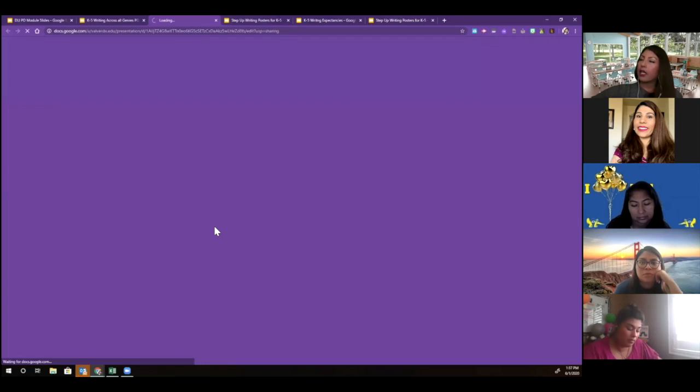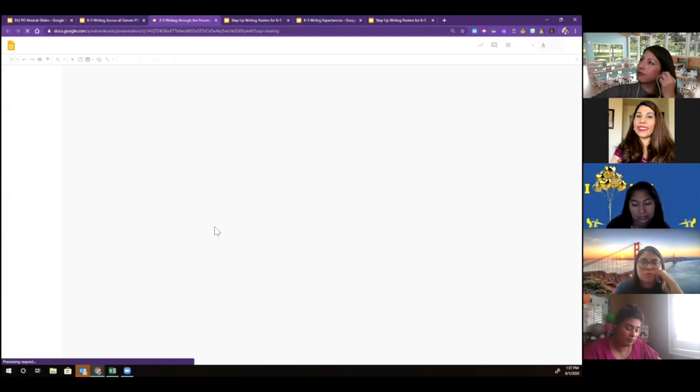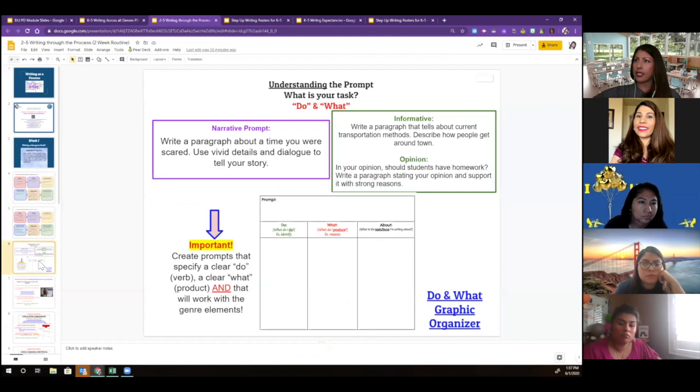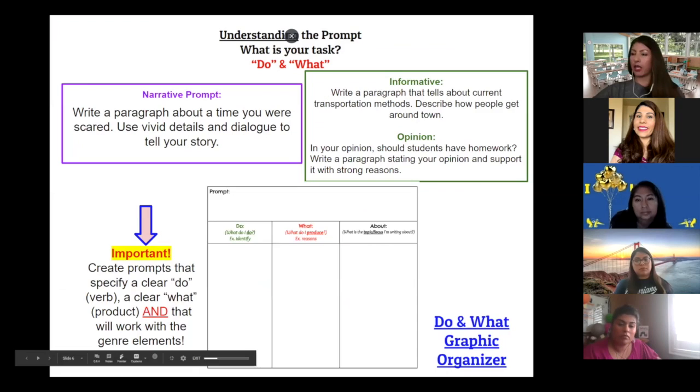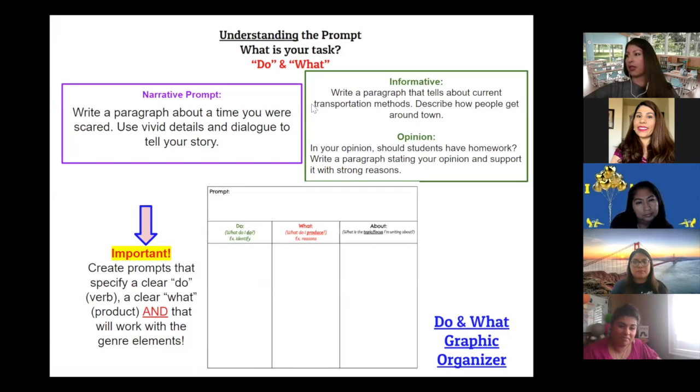I'm going to go ahead and click on the 2 through 5 routine. This is one of the parts of the planning stages here. I'm not sure if you guys are familiar with this graphic organizer here, if you've used this before, but this is one of the first steps to building a paragraph or an essay.